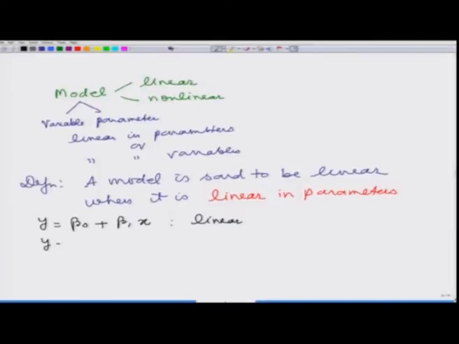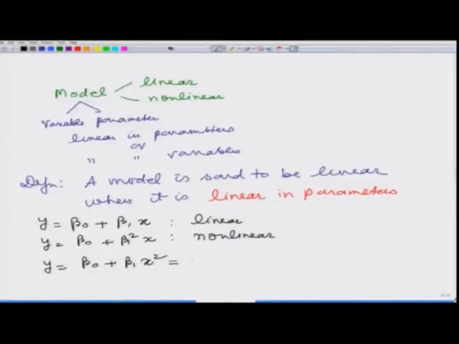Whereas if I take beta 0 plus beta 1 square x, you can see that although beta 0 has power 1, beta 1 is a squared quantity, so this is a non-linear model. In another example, if I write y equal to beta 0 plus beta 1 x square, then it is very simple.